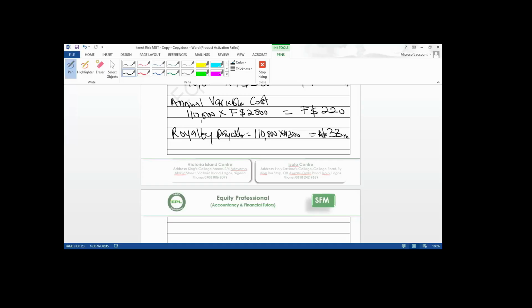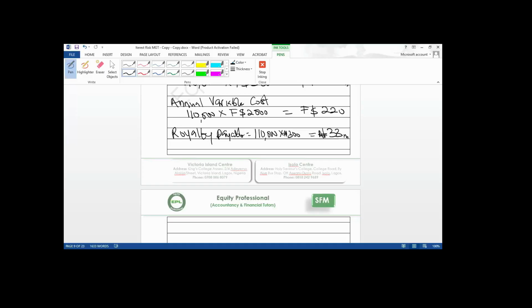We need to convert this naira to dollar. It's annual royalty: year 1, year 2, year 3, year 4. The project is for 4 years.